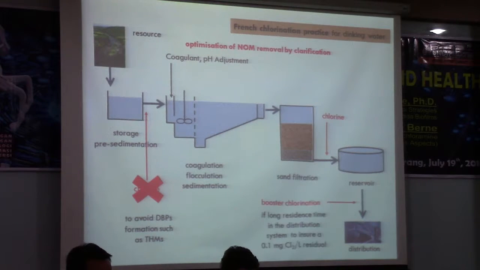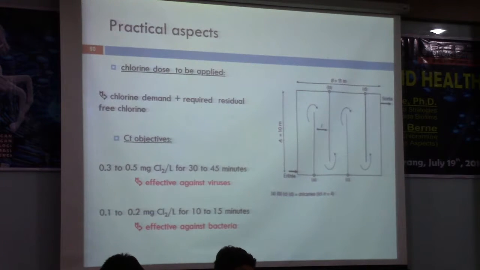And if we have a long time in the distribution system, we have booster chlorination to ensure a residual concentration of 0.1 mg per liter in the distribution system, in the network. Sometimes we have this kind of tank to do the chlorination, but usually it is directly in pipes.